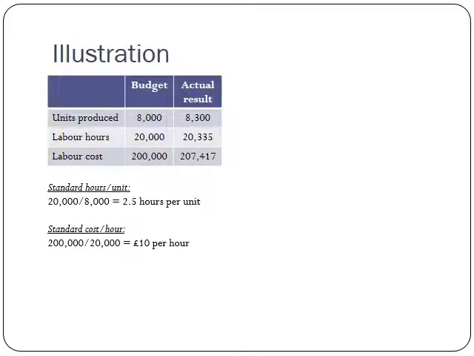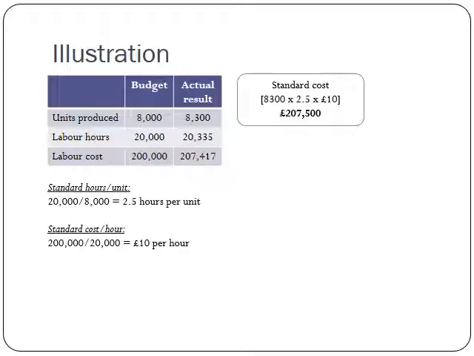I'm now in a position to calculate my variances. So first of all, there's my standard cost of actual production. So it's 8,300 units at 2.5 hours per unit. That enables me to calculate the total number of hours that should have been used to produce 8,300 units, and then I'll apply the standard cost per hour of £10 per hour, and that works out at £207,500.